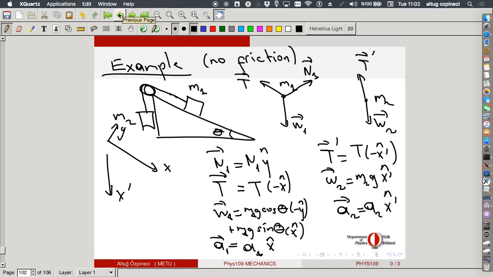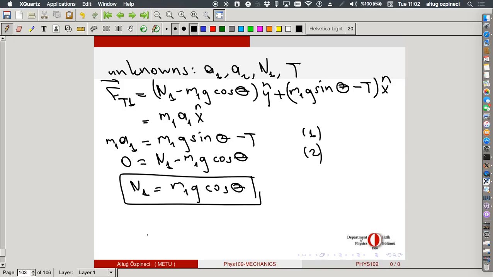Now let's look at the free body diagram of the m2. We had already identified the forces, so the net force will be just the sum of these 2. Let me use a small t to denote the total. The total force acting on 2 is m2g minus t in the x prime hat direction.